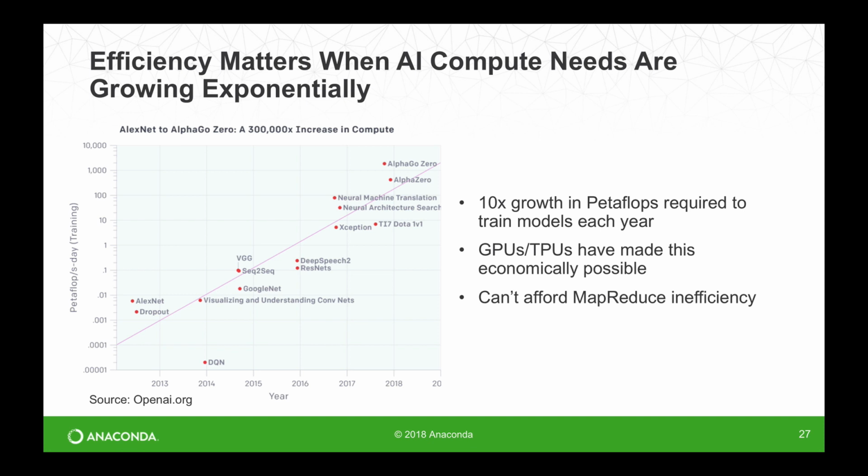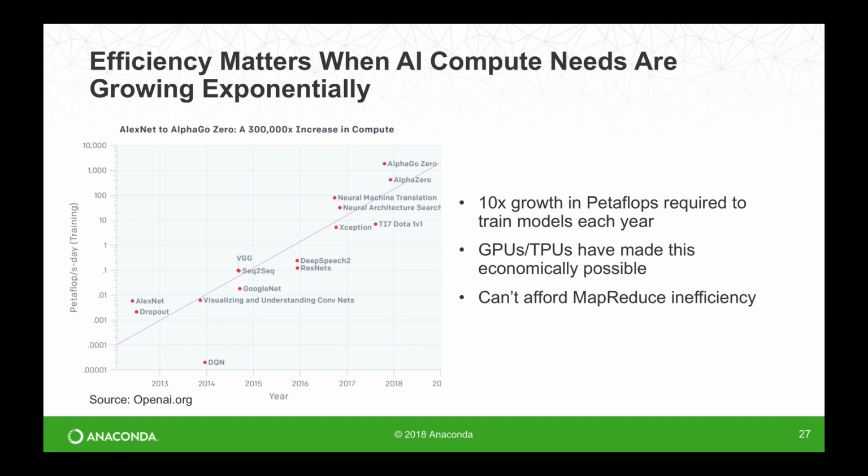What you can see here is that back in 2013, you're looking at 0.01 petaflops a day to train some of the leading models. And then in 2018, AlphaGo Zero, so Google's AI algorithm for playing Go that's beaten various Go masters, requires 3,000 petaflops per day. That's a logarithmic scale on the y-axis there. So it's 3,000 versus 0.1.